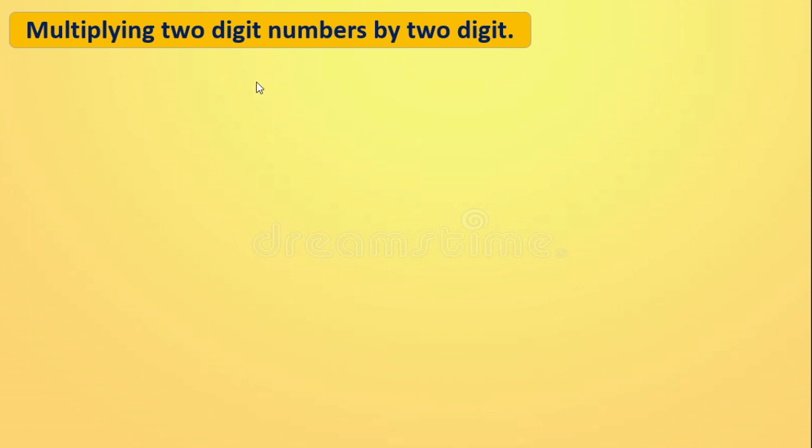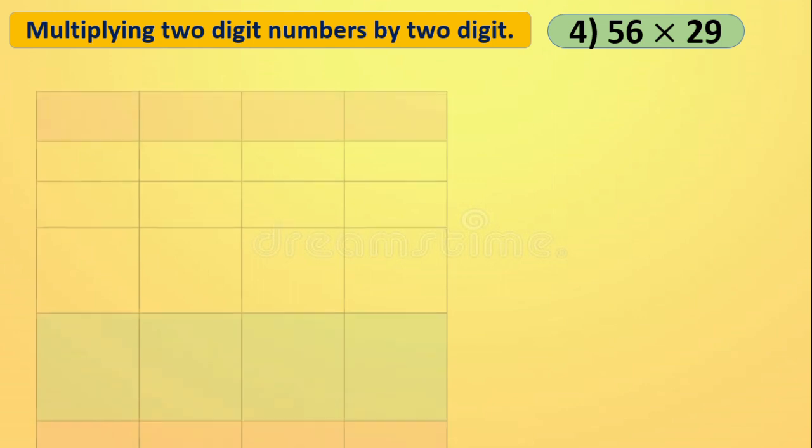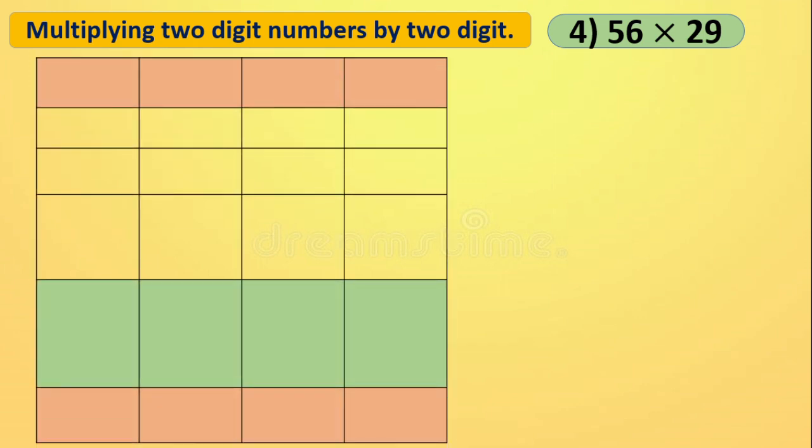One more we will go through. Multiplying 2-digit numbers by 2-digit. See here. Example is 56 multiplied by 29. Be careful here. Here we have taken 4 columns. Units, tens, 100 and 1000 column.